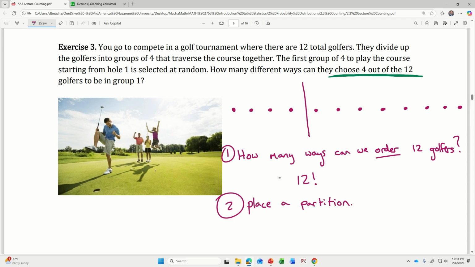And then after I place down this partition, I think to myself, well, I don't care about the order of the first 4.